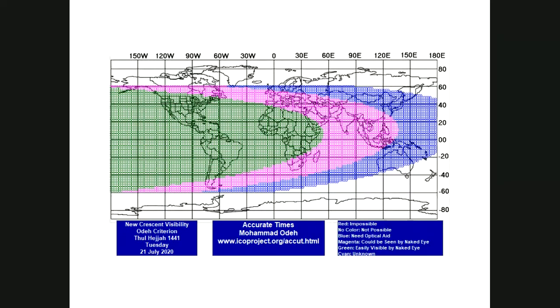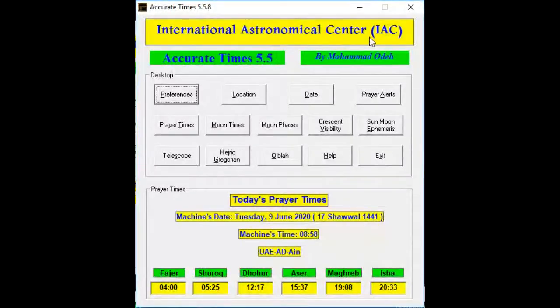So that basically gives you an idea of how you can decide on this. I will try to share this application with you, which is called Accurate Times. Okay. And I think there are other programs, but if you actually download this, it's from the International Astronomical Center.